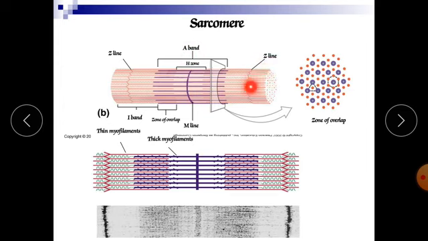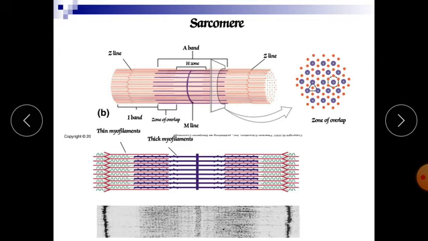Now if you see the A band, it extends the entire length of the thick filament, whereas the H zone is the center of each A band, which contains thick but not thin filaments.